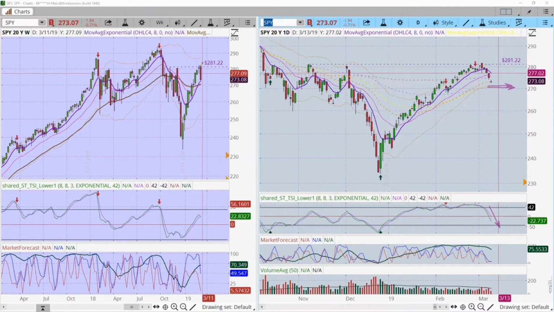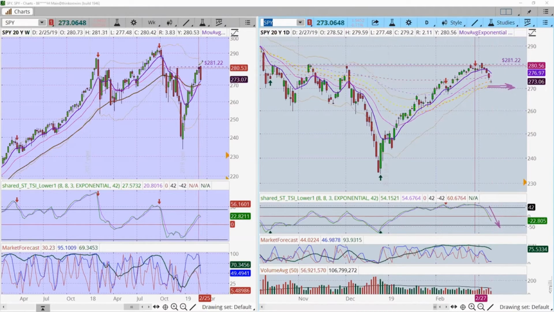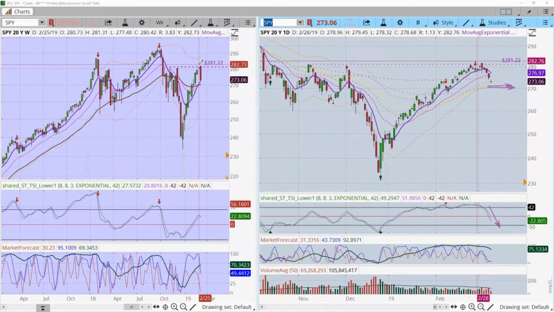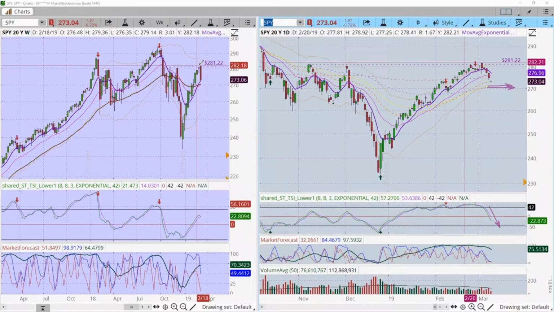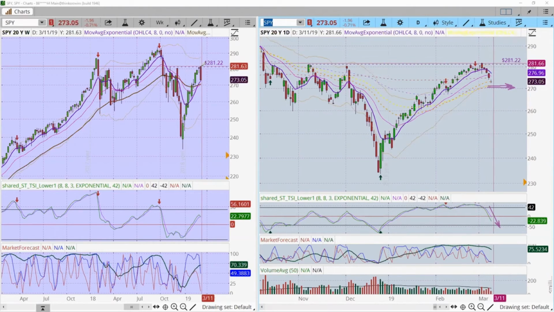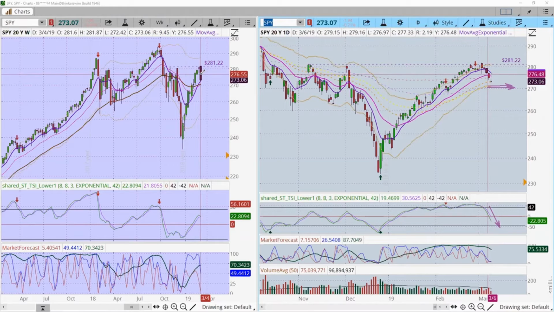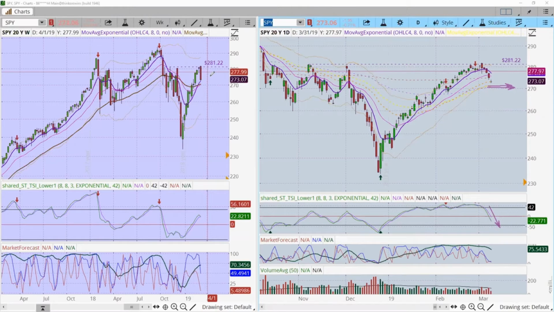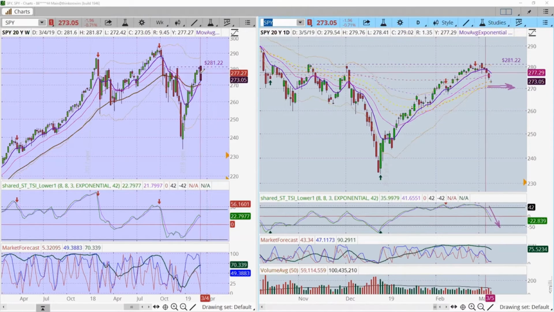Last week, which I wrote about and talked about, we finished with a hanging man candlestick, which is a bearish reversal signal. It was voided first thing on Monday, but then lo and behold, the market just ripped to the downside. Now, this candlestick here is a significant, large sell-off in the aspect of a bearish engulfing pattern.